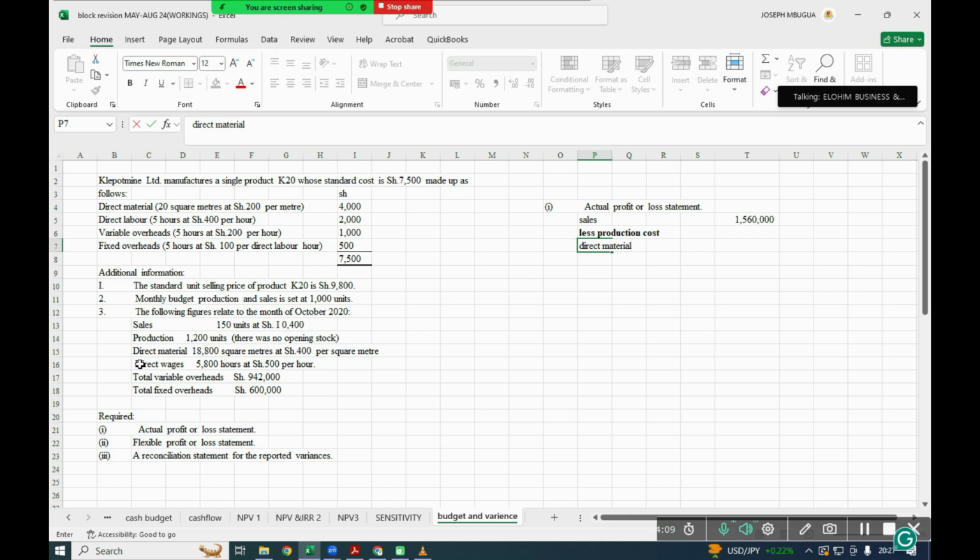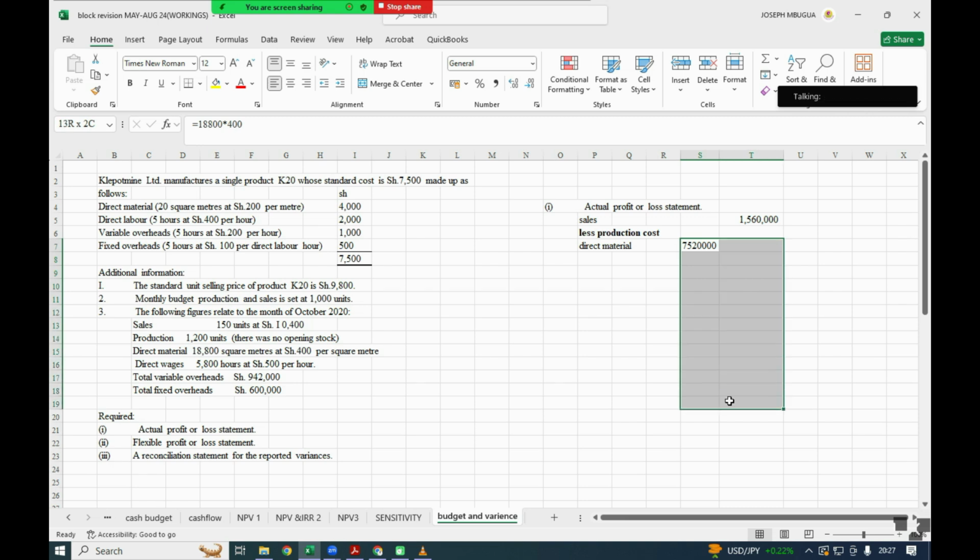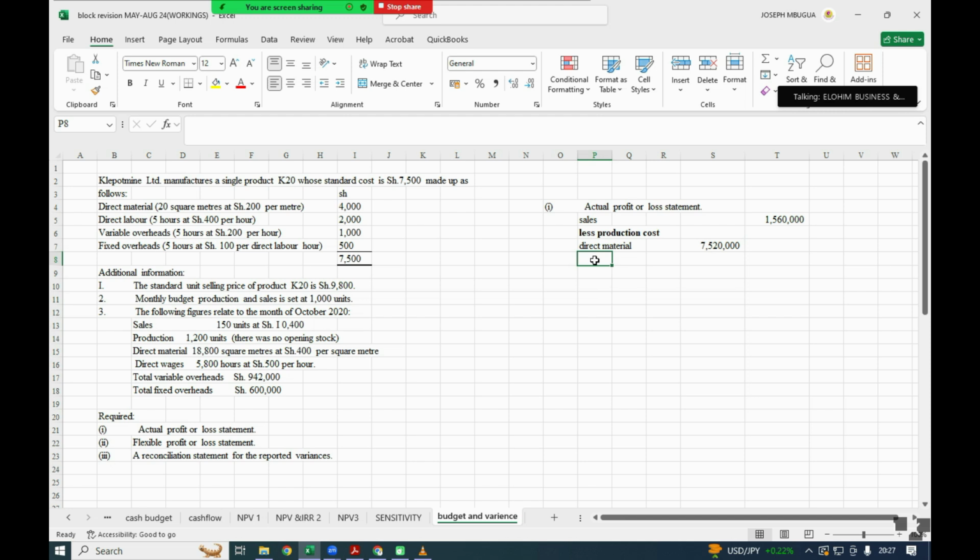And for our direct material, we are told we used 18,800 square meters at 400 per square meter. Then we had direct wages.